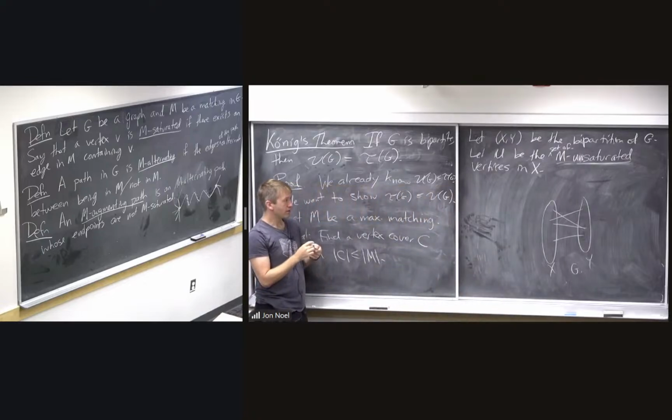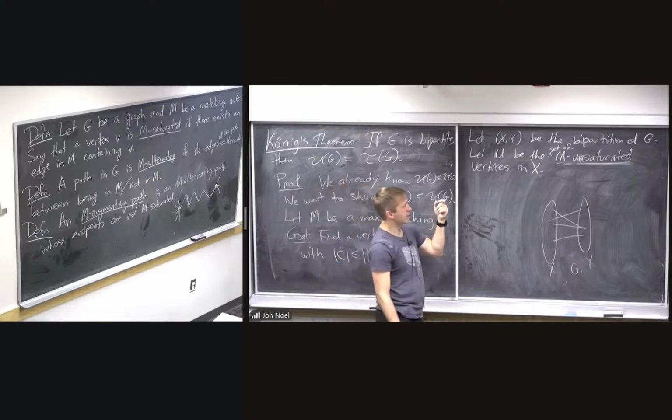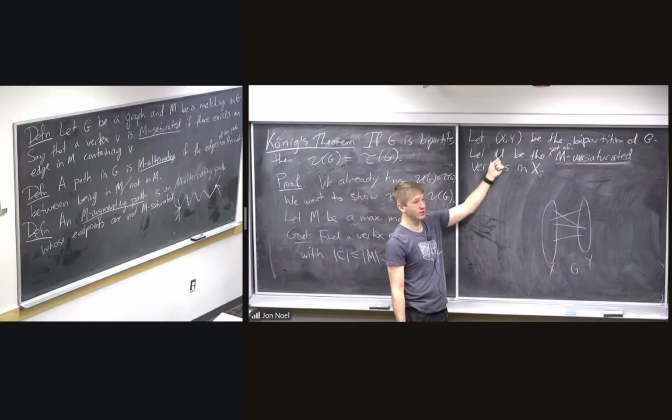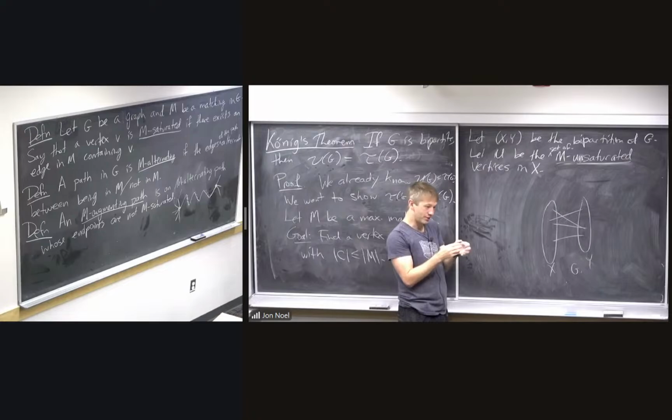And I'm going to define some set W, which is all of the things I can reach from an alternating path that starts in U. So I start with my U and look at all of the alternating paths, and let's find every vertex that I can reach with an alternating path.